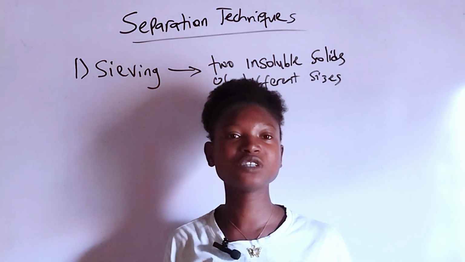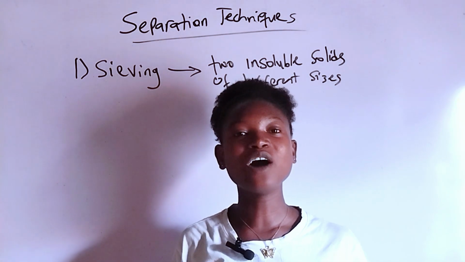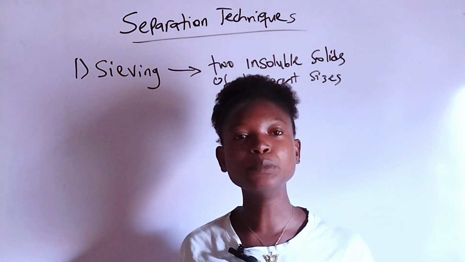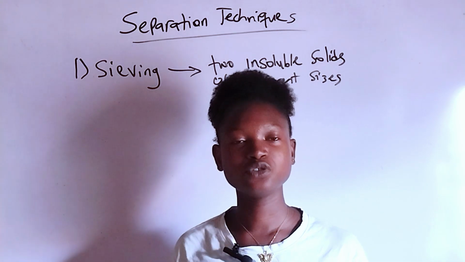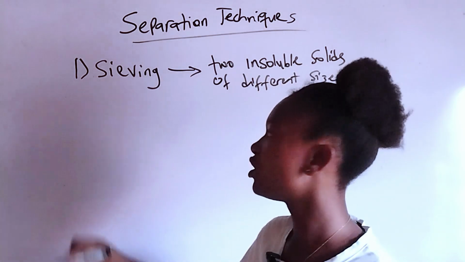So when we have two solids mixed together but they are of different sizes, the sieving method is the most appropriate for separating such a mixture.